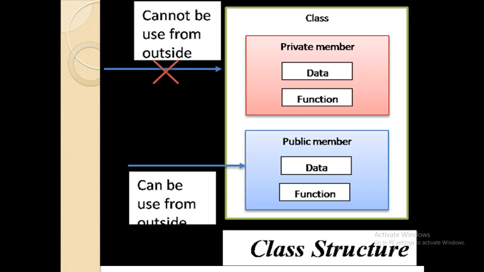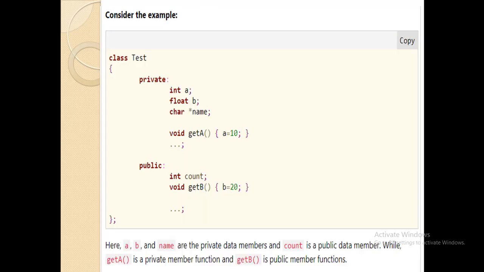Let's have a quick recap of private and public members. Here is the class test, and in the private section we define three variables with integer, float and char data types, and we define a function named get a. This is the body of the function where we just define a is equal to 10, but we are never returning any value, so the return type would be void.